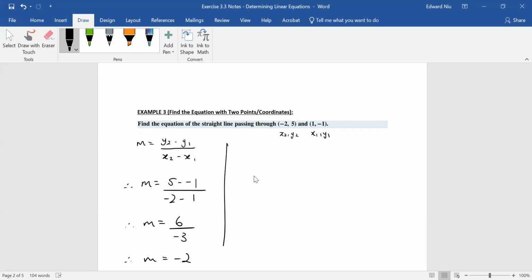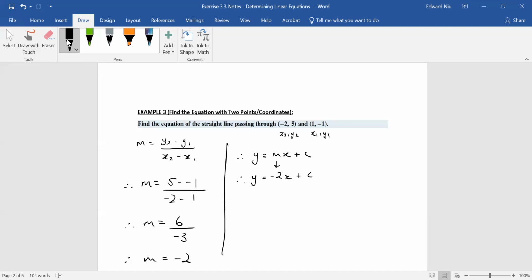So we're going to have a negative gradient, and therefore m is going to be -2. Once again, we write down our equation of y equals mx plus c, and we can say therefore y equals -2x plus c.